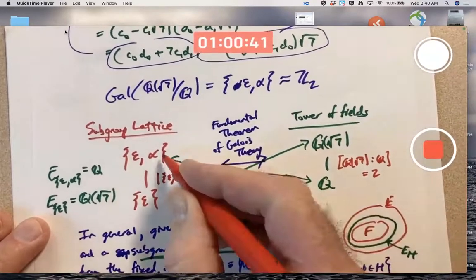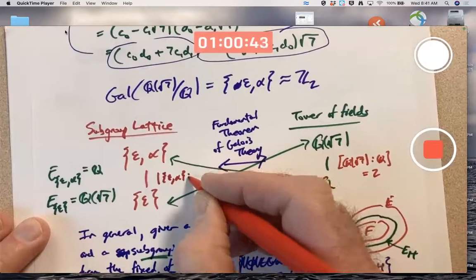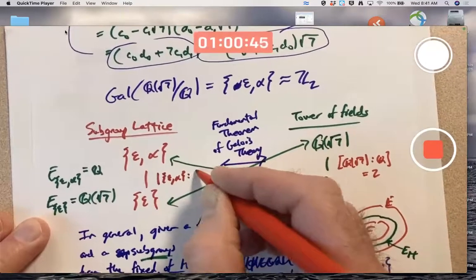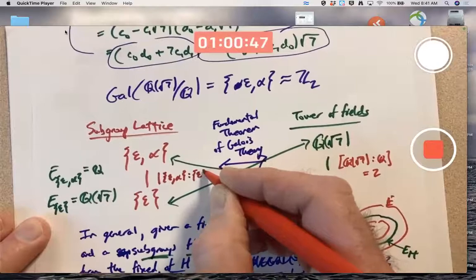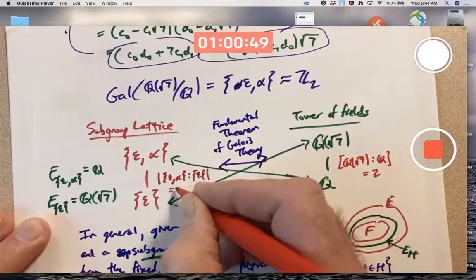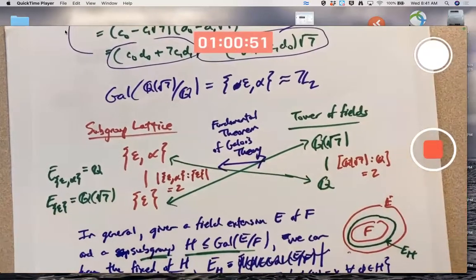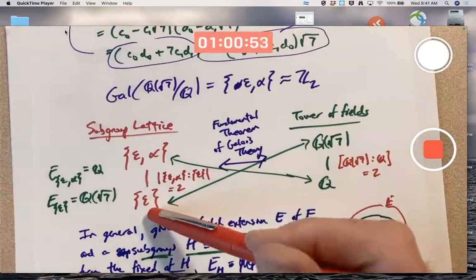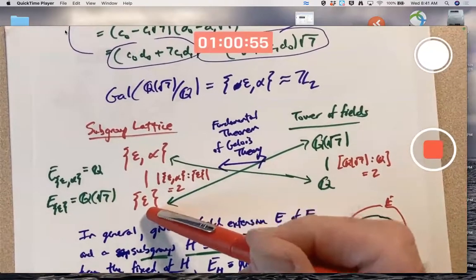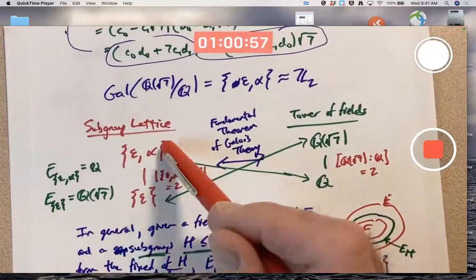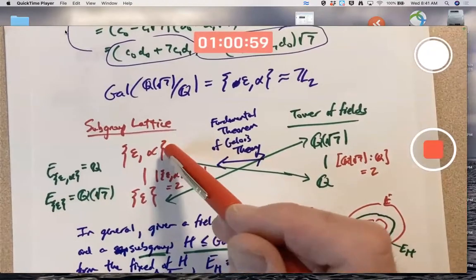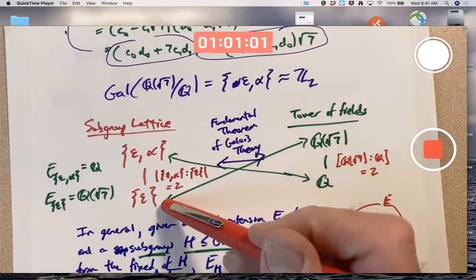Of the trivial subgroup in the entire Galois group is 2. There are 2 left cosets that I could make for this subgroup, because this has twice as many elements as this one does.